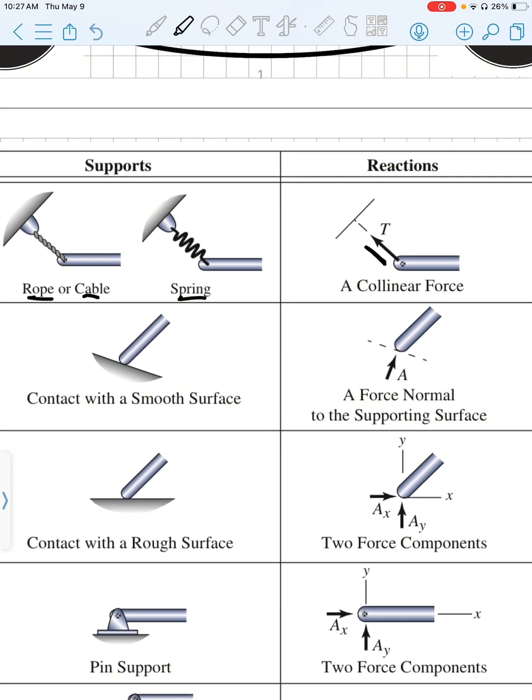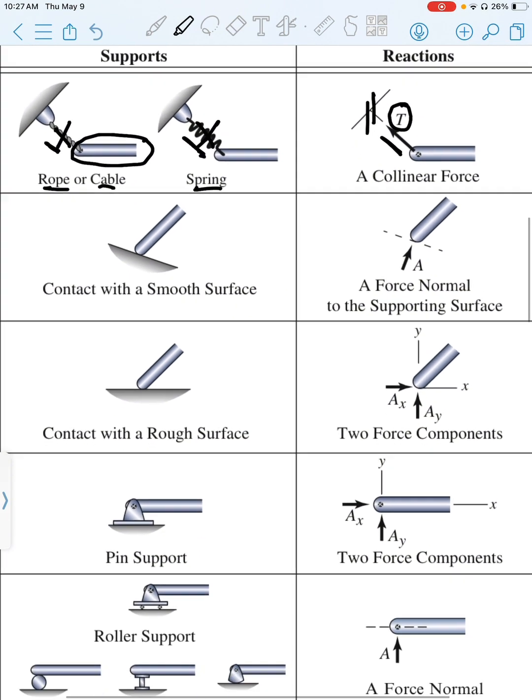So anytime you see any spring or any rope attached to the cable, attached to the rod, and the problem is about the rod, you're going to replace that with the tension when you do a free body diagram. It's just like if you draw an arrow and put the tension. Now we know there is a tension in the free body diagram coming from a rope or a spring.